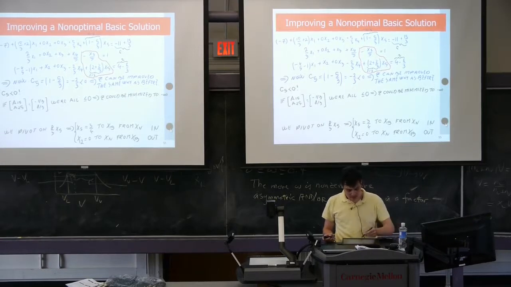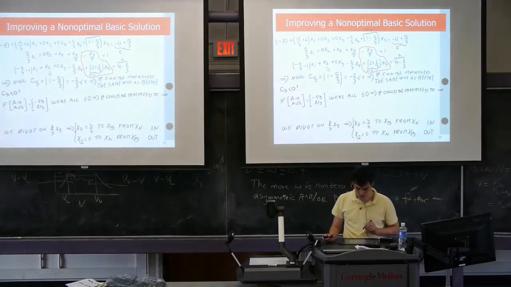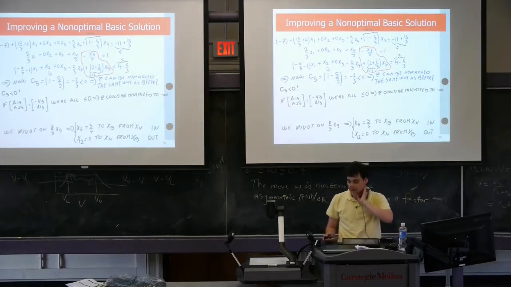It just means that x5 comes in, and because we did the pivot in the second equation, x2 is going out of the basis to become a non-basic variable.